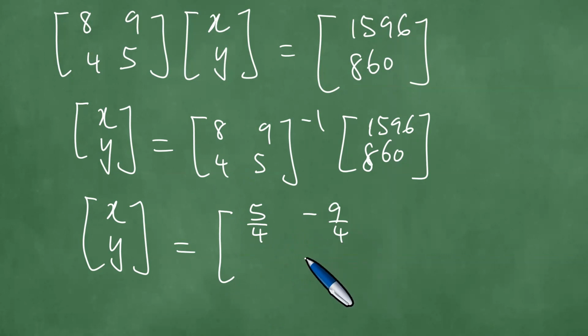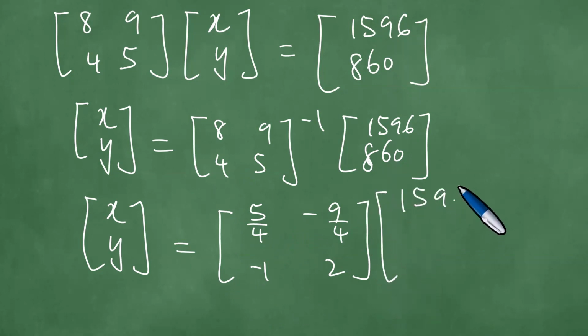Minus 9 over 4, minus 1, 2, 1596, 860. Like this. So we got the inverse of the matrix before, and it was exactly this, and we are carrying that inverse forward. And we just brought it forward right now, and we have exactly that.